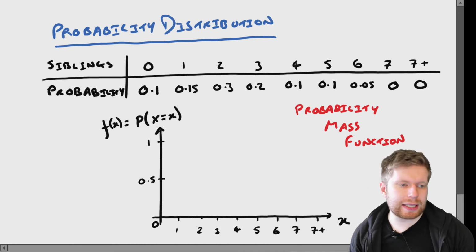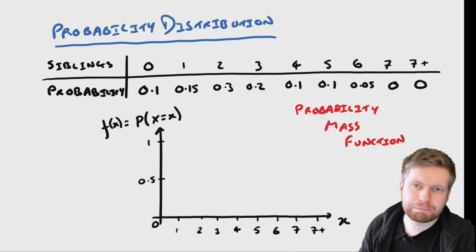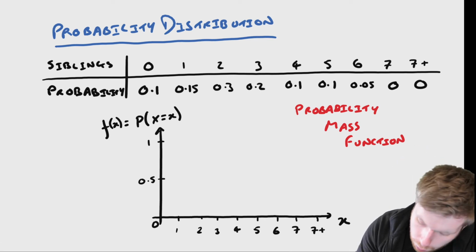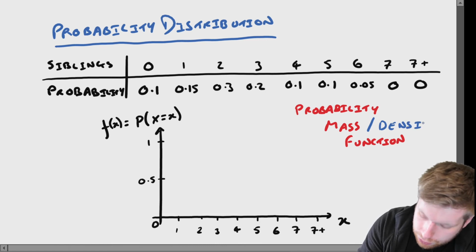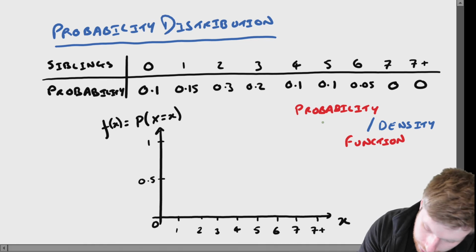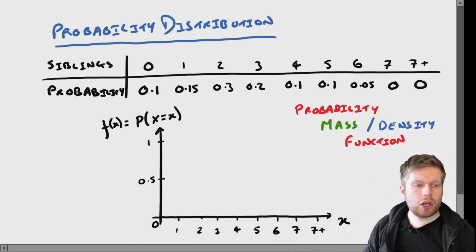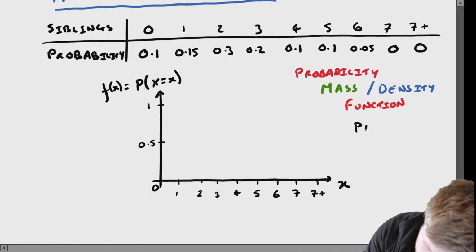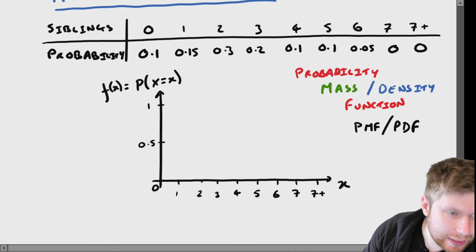So in this case, the probability mass function says, you tell me the outcome, I will tell you the associated probability. If you're working with discrete data, you call it a mass function. If you're working with continuous data, you call it a density function, okay? We often abbreviate these to either a PMF for probability mass function or a PDF for probability density function.